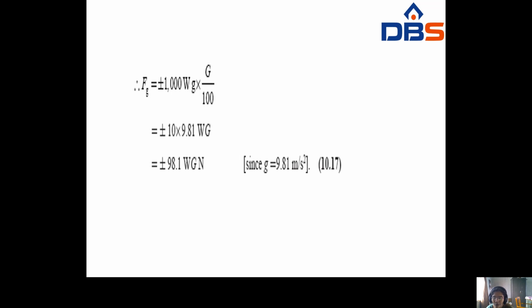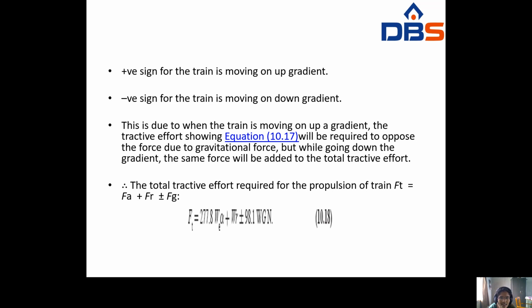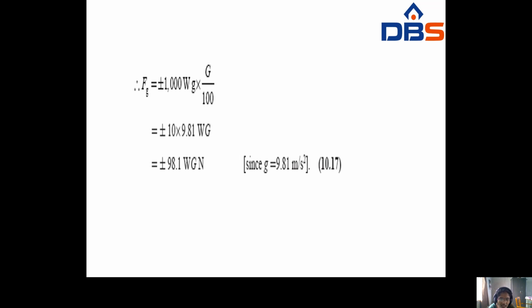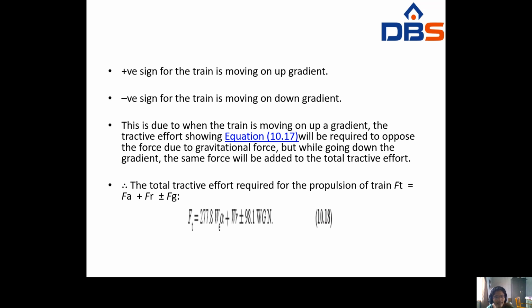Now you have to find out the Fa, Fg and Fr values. When you add all these values, you get the total tractive effort. Here you write plus or minus for Fg. The positive sign is for the train moving on an up gradient. The negative sign is for the train moving on a down gradient.